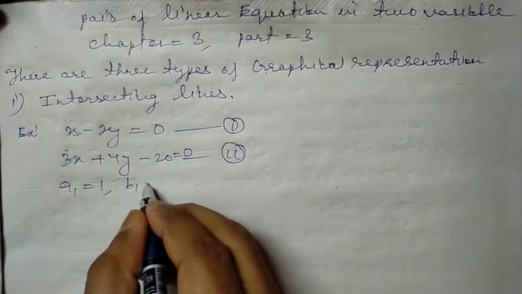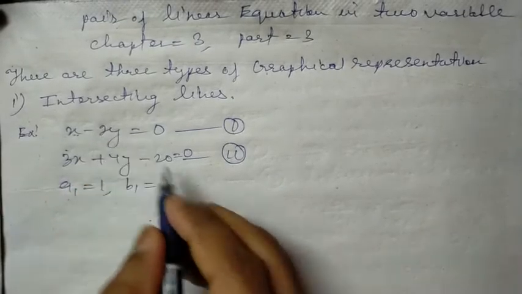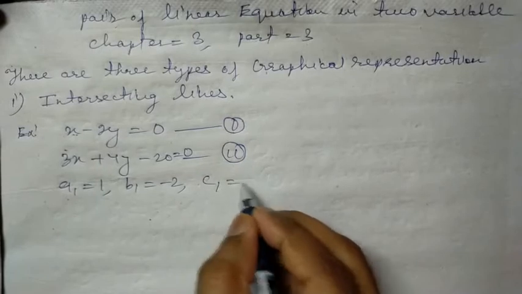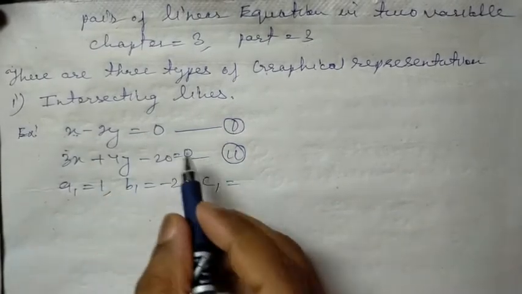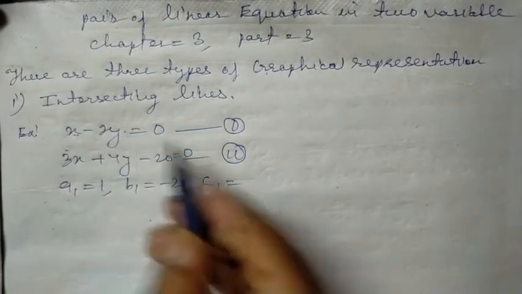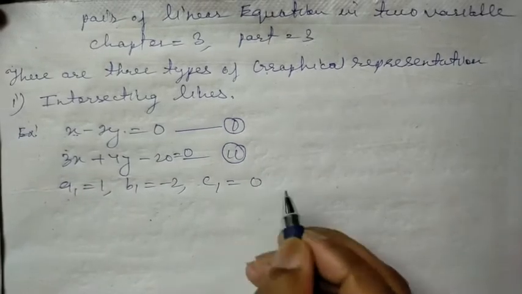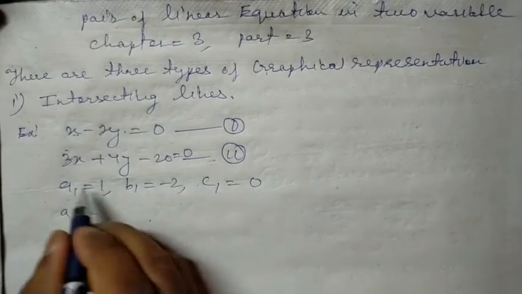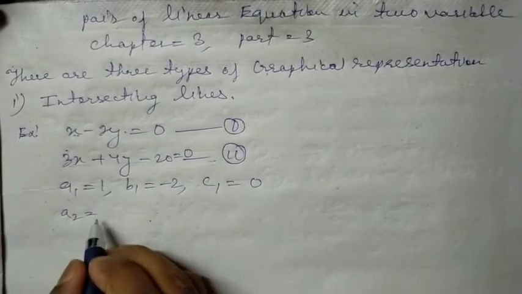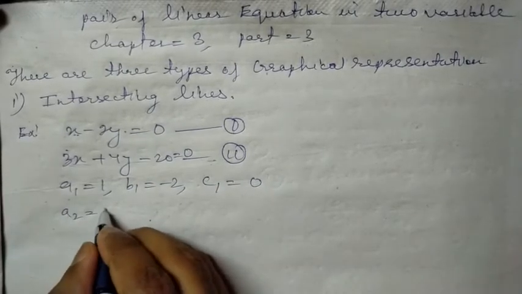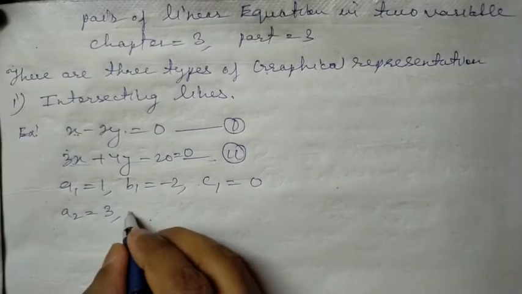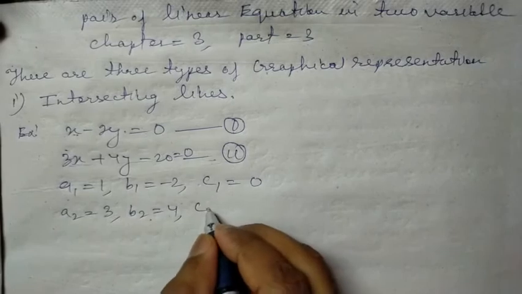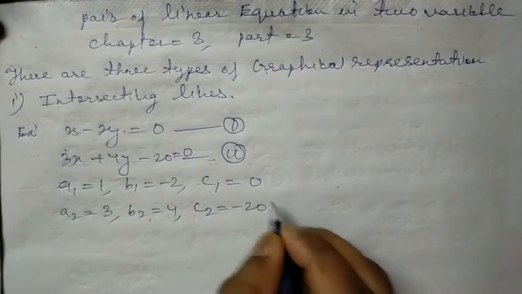For B1, the y coefficient is minus 2, and for C1, if nothing is given, we can take the coefficient as 0. Here for the second equation, A2 is 3, B2 is 4, and C2 is minus 20.